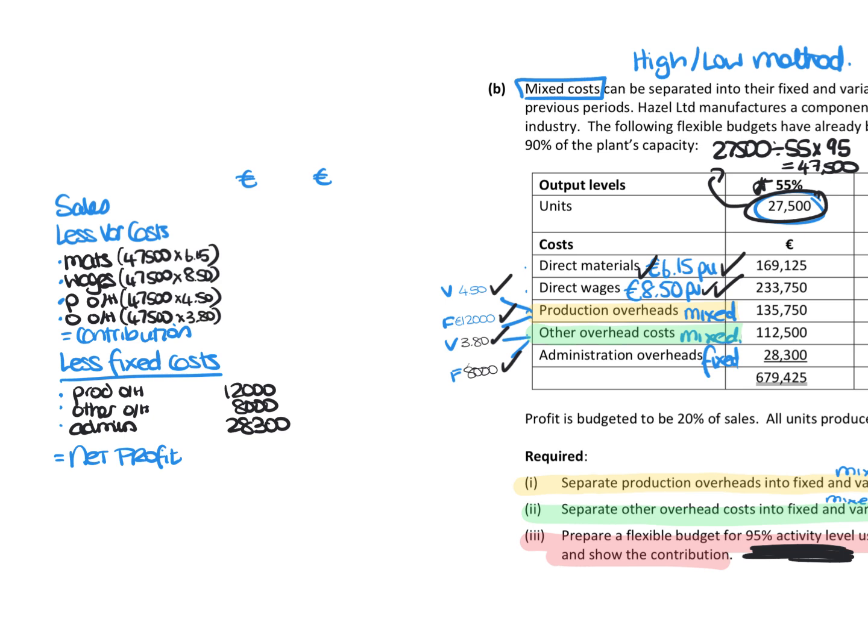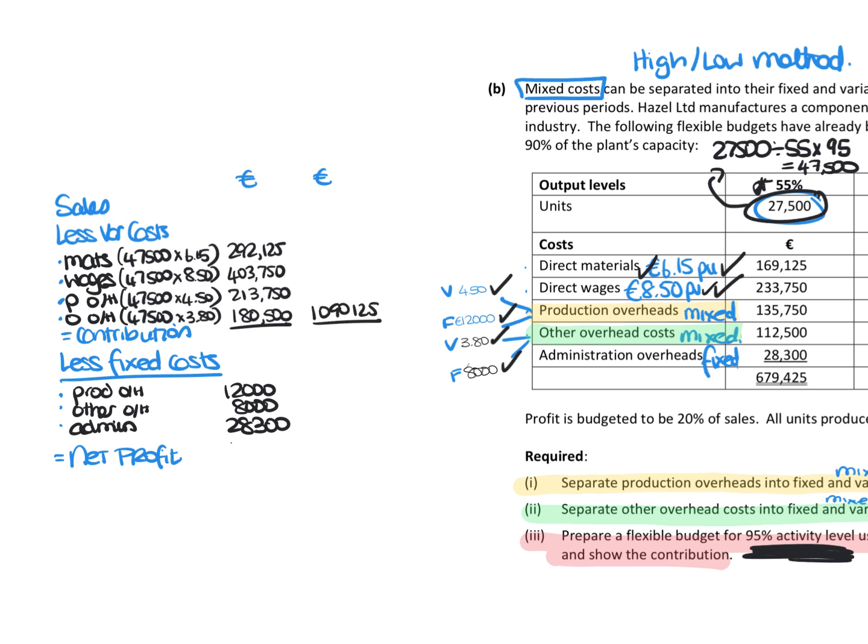So if we multiply all them out, 47.5 by 6.15 is 292,125. Wages, 47.5 multiplied by 8.50 is 403,750. Production overheads, 47.5 by 4.50, 213,750. And then other overheads, 47.5 by €3.80, 180,500.